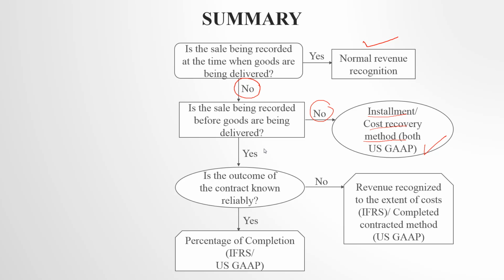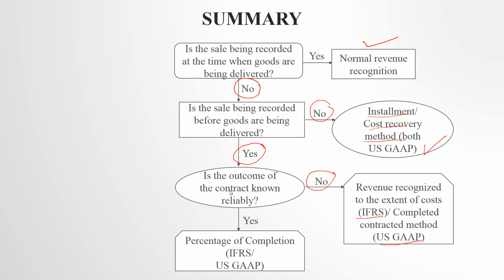If the sale is being recorded before the goods have been delivered, then we need to ask ourselves whether the outcome of the contract is known reliably. If the answer is no, then we use different methods under the IFRS and the US GAAP. We recognize revenue to the extent of costs incurred under the IFRS, and we use the completed contract method under the US GAAP.